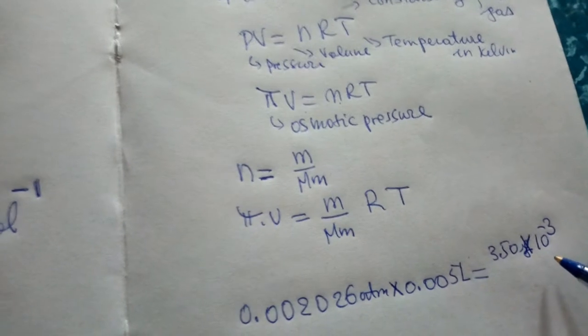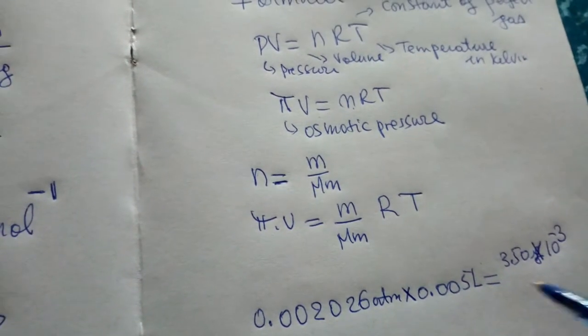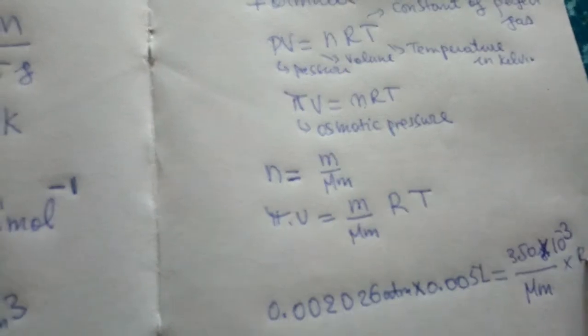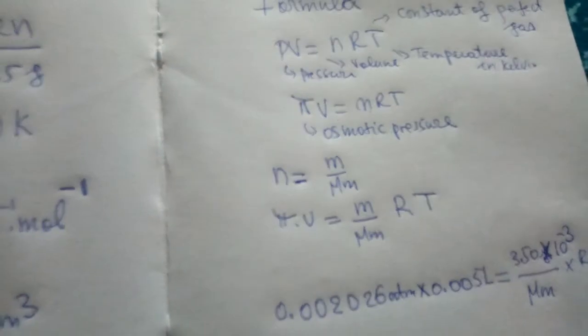And this is the mass over molar mass, which is not known, times R times T, and the R and the T are known.